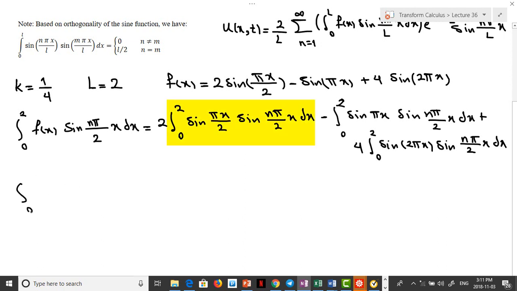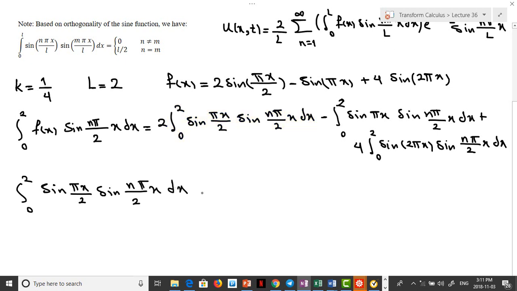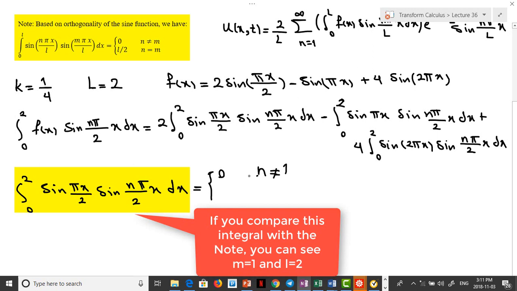The integral from 0 to 2 of sine pi x over 2 sine n pi over 2 x dx, based on orthogonality of sine functions, is equal to 0 if n is not equal to 1.